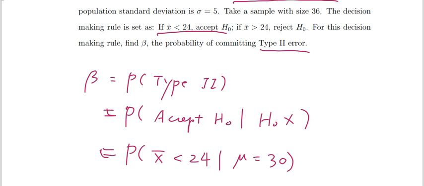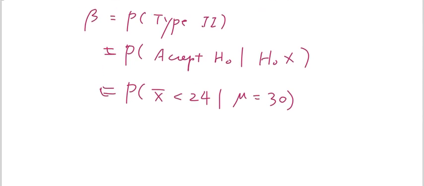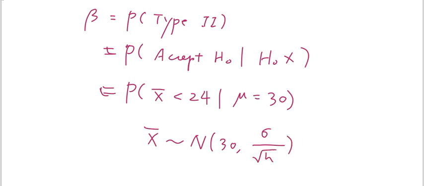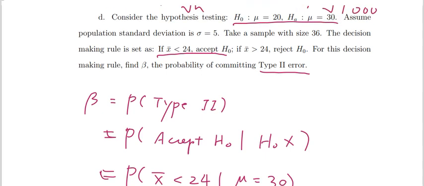So the problem becomes: we want to find this probability when mu equals 30, so we need to know what is the distribution for x bar. So x bar follows this normal distribution, with mu now 30, right? And sigma over root n. So let's check what is sigma here, what is n here.